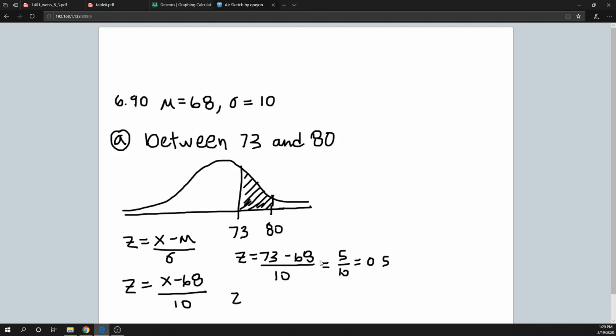For 80, we have 80 minus 68 all over 10. That is 12 over 10, which comes out to be 1.2. So we found the z-scores for those two values. That is step 3.